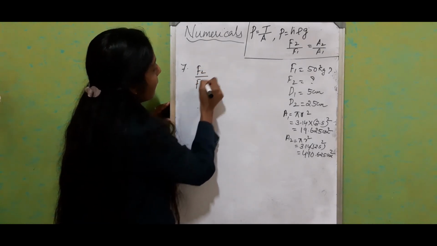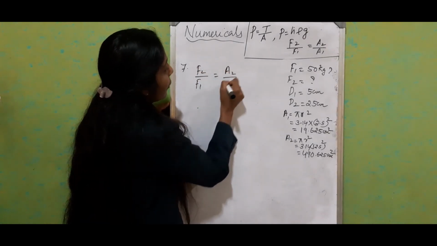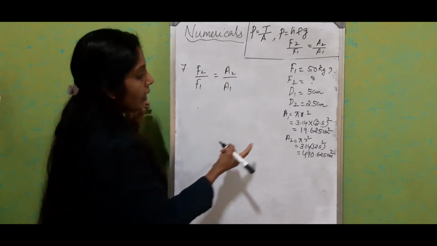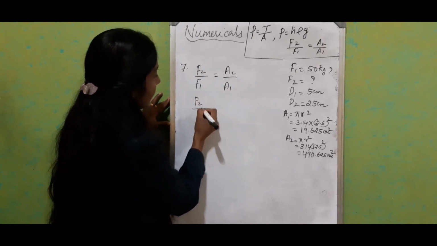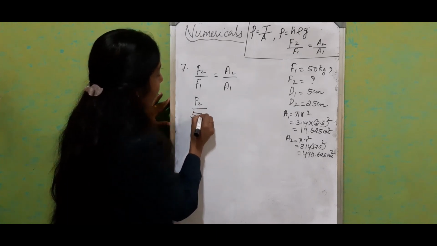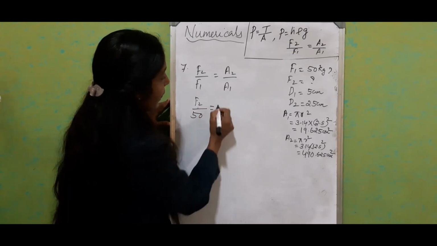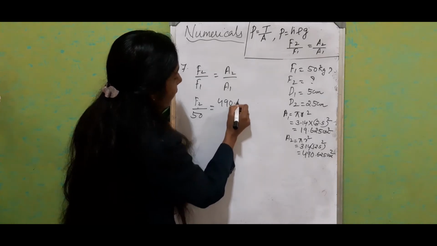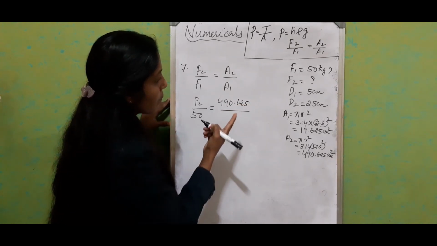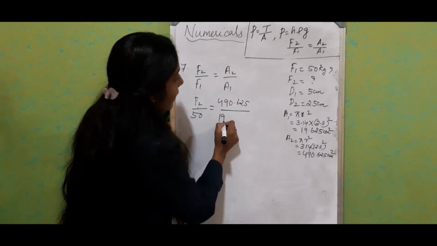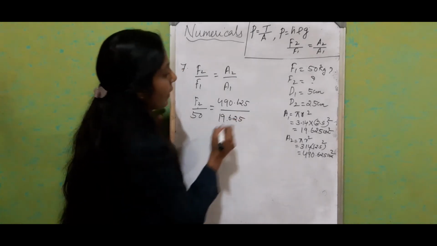Now we'll substitute the values. F2 by F1 is equal to A2 by A1. F2 is the unknown factor, F1 is 50, equal to A2, 490.625 divided by 19.625.